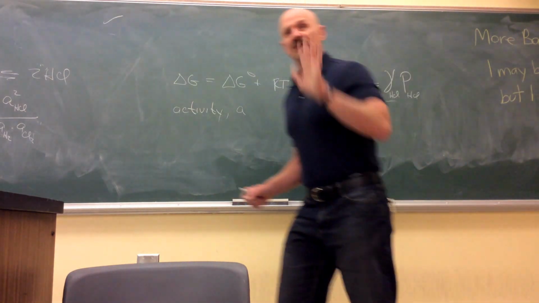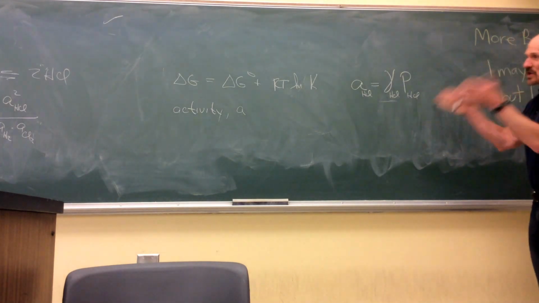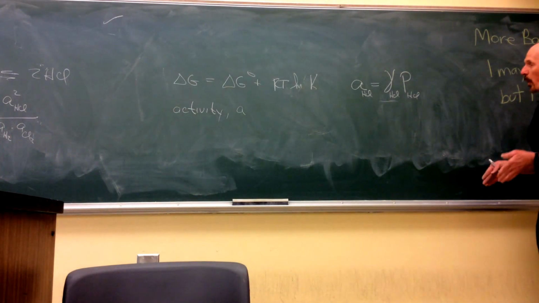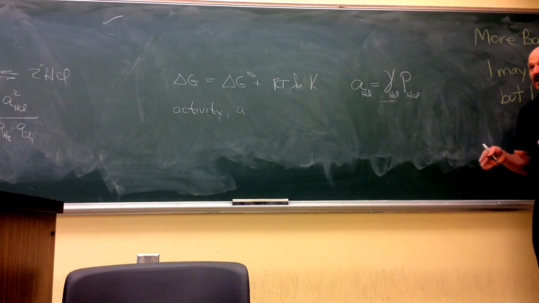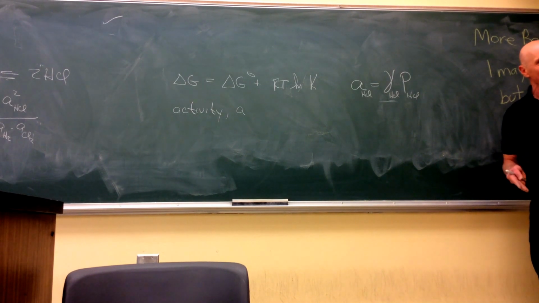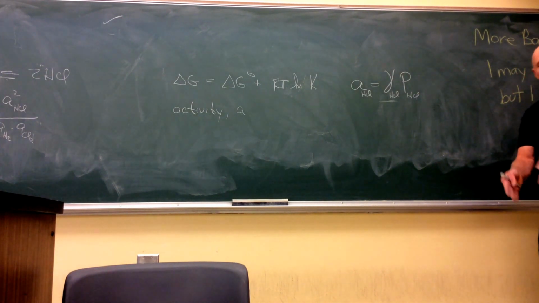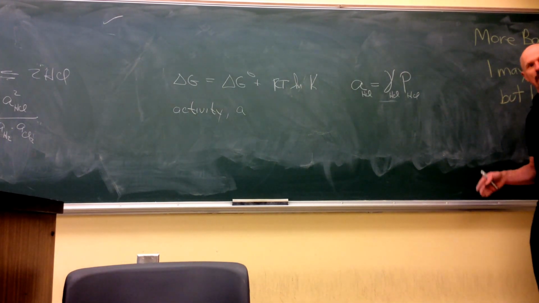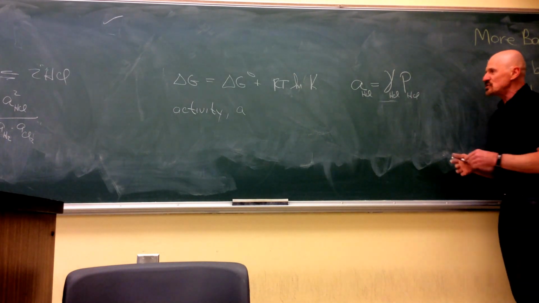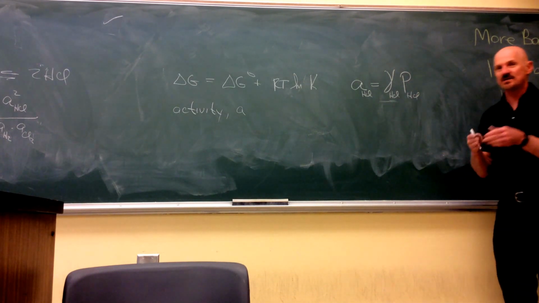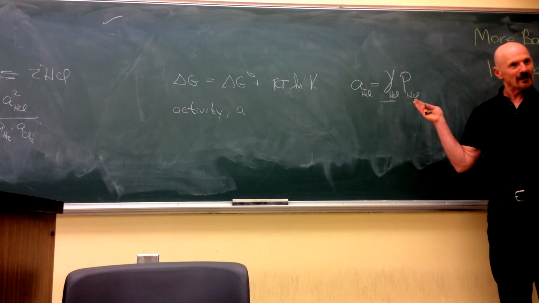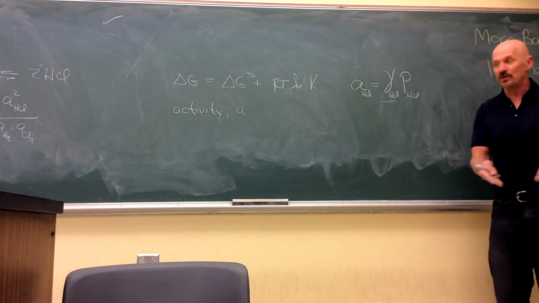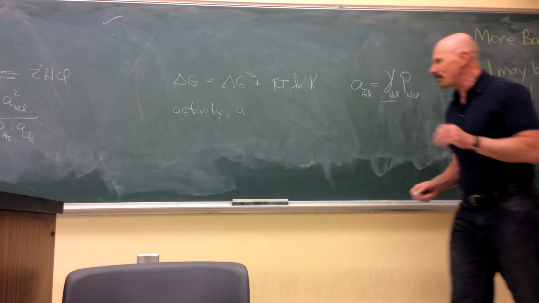Now there's a bonus that comes out of this, because if we use this scheme, we're not even relegated to using gases anymore. Now it applies to solutions. The only thing that will change, and this will be our next topic, is that the pressures will be replaced by molarities or molalities, and that gets us back to what you were doing in Gen Chem. Now notice what happens.